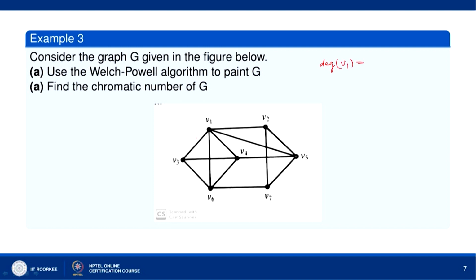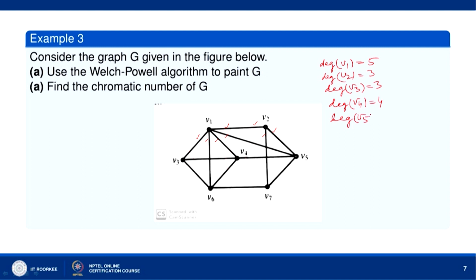You see 1, 2, 3, 4, 5. So, it is 5. Degree of B2: 1, 2, 3. Degree of B3 is 1, 2, 3. Degree of B4: B4 has degree 1, 2, 3, 4.